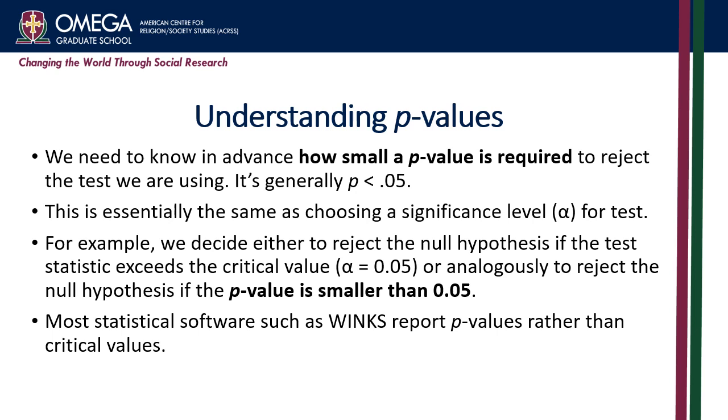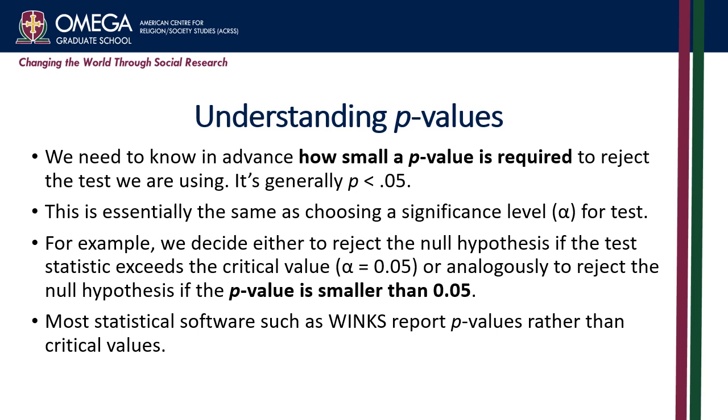And when we say p is less than 0.05, this is essentially the same as choosing a significance level, alpha, for a particular test. For example, we decide either to reject the null hypothesis if the test statistic exceeds the critical value, it is alpha at 0.05, or analogously to reject the null hypothesis if the p-value is smaller than 0.05.